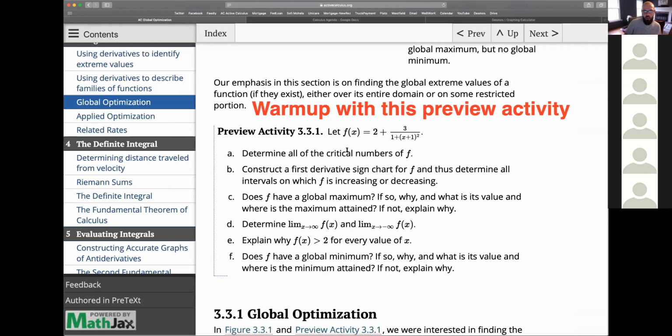Okay, so with this activity right here, we have our function f of x, and we want to determine all of the critical numbers for our function. So I'll kick it over to the people that are here. What did we do to find our critical numbers?